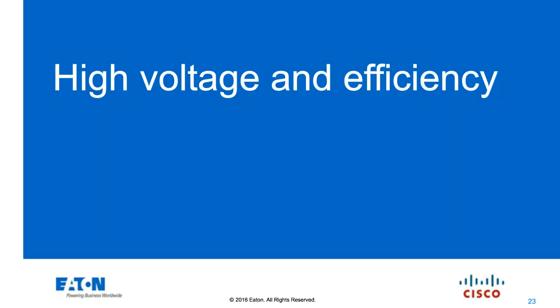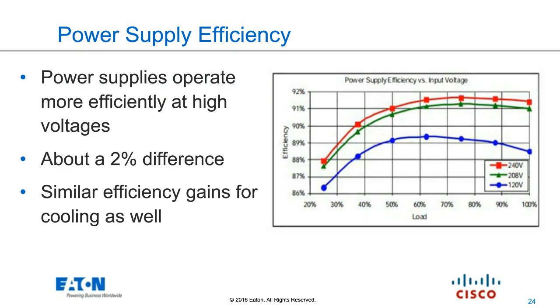All right. When it comes to single phase and 3-phase, what is the difference between efficiencies and the voltages? So power supplies operate more efficiently at high voltages, and you can actually see here on the graph the difference between 120 volts in blue versus the 208 volts there in the middle in green, and then at 240 volts on the top in red.